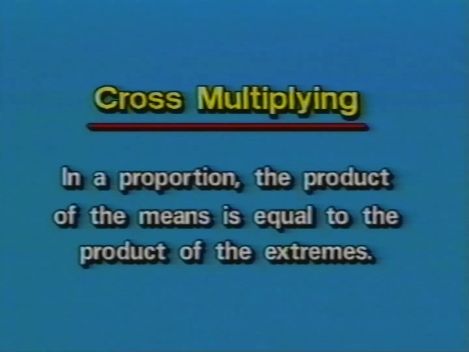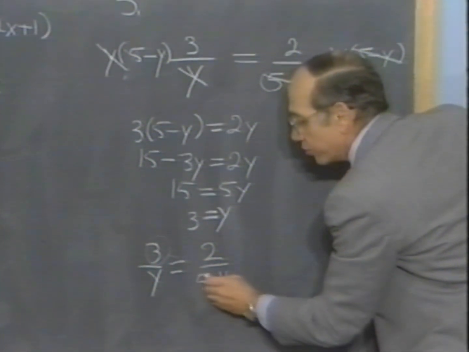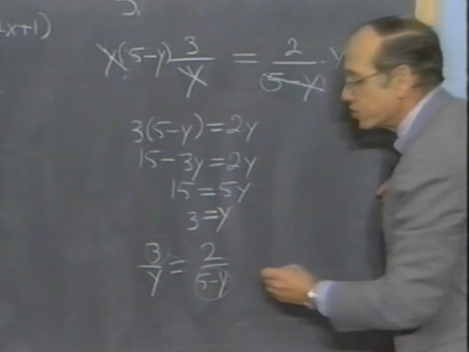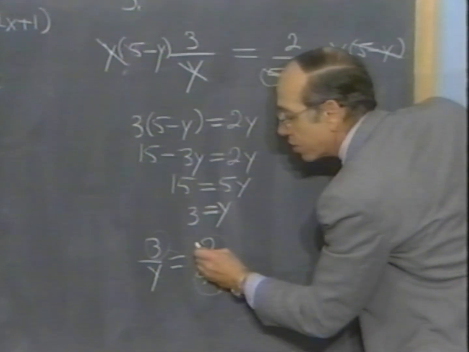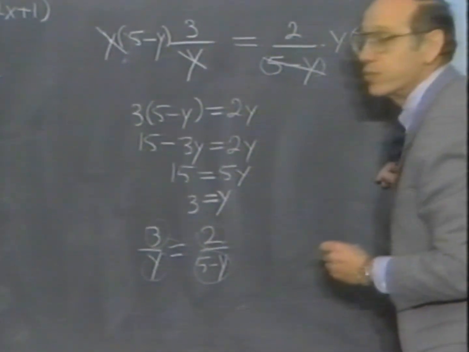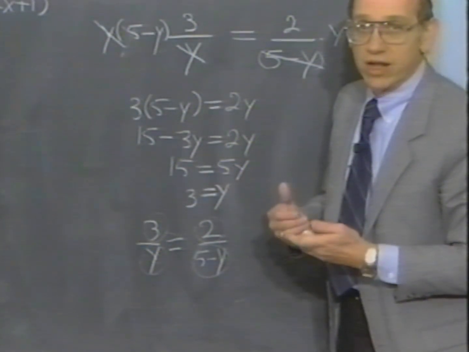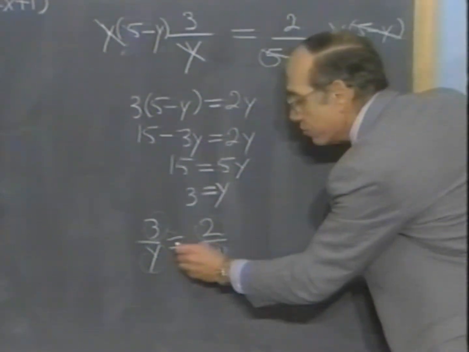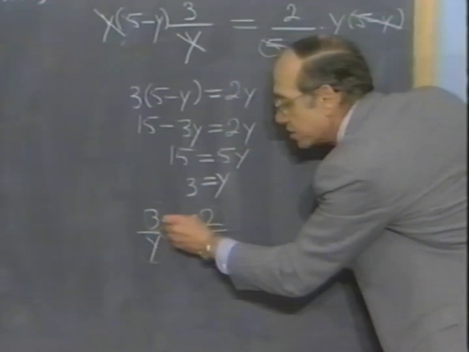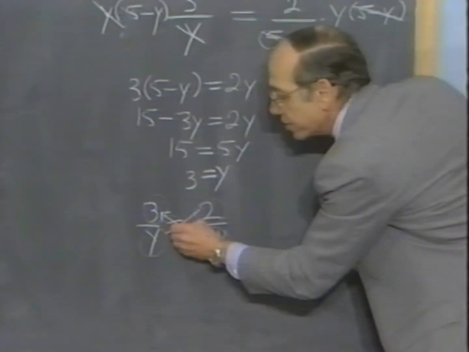In other words, this number 3 times this number 5 minus y is the same as this number 2 times this number y. Or, for short, we say we can cross-multiply. You multiply this times this, and that has to equal this times this.